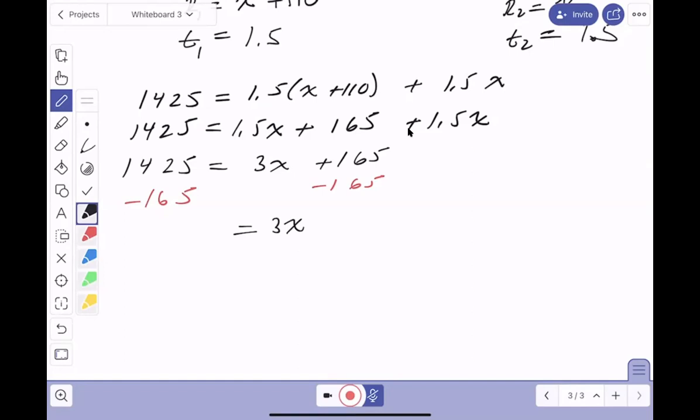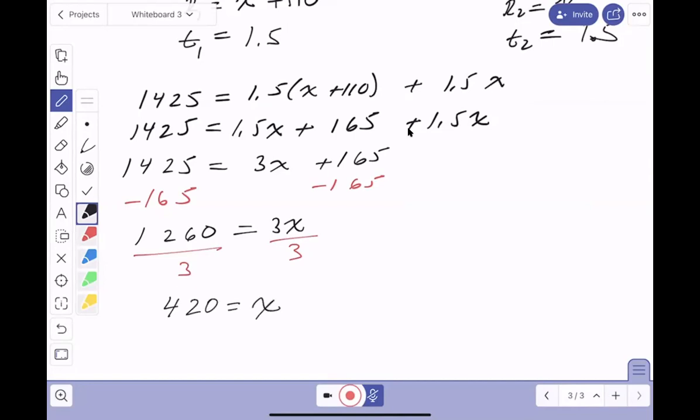Let's see, that would be 235, 240, 250, 260. 1,260. Let me see if that's right. Let's see, 300, 420. Yeah, looks good. Divide both sides by 3. I'll write that down for you. And that would be, let's see, 420, right?